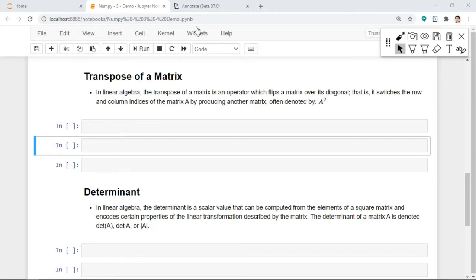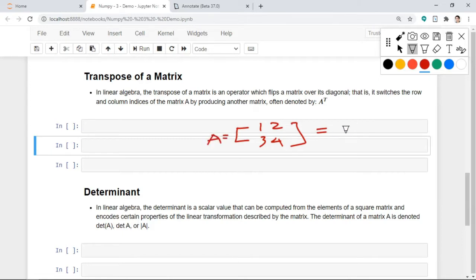For example, let me write this directly. You have a matrix 1, 2, 3, 4. What would be the transpose of matrix A? You just switch the rows into columns.